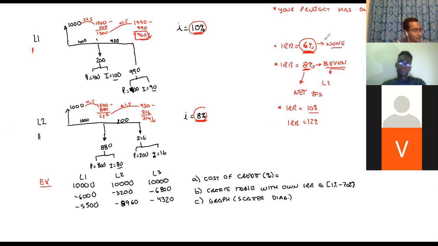NPV, you calculate it from the return and then you're discounting it back. Correct. That's discounting. So NPV is dependent on the opportunity cost or the interest rate. No. Remember the opportunity cost, it is an interest rate, but it's called opportunity cost. Okay.